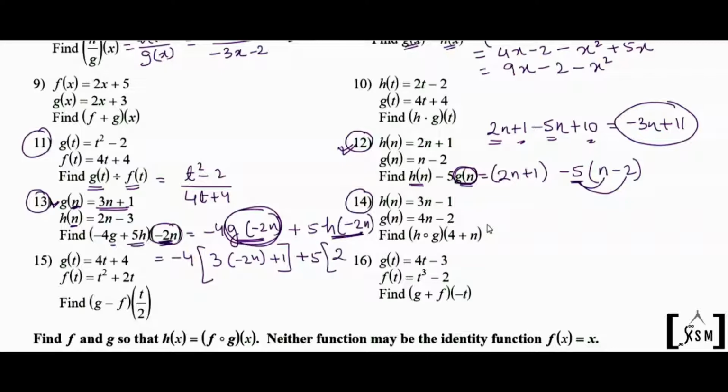So we get 2 times minus 2n and minus 3, right? We'll simplify this, guys. Minus 4, and inside the bracket 3 times minus 2n gives negative 6n and plus 3 plus 1, plus 5, and inside the bracket 2 times minus 2n gives negative 4n and negative 3.